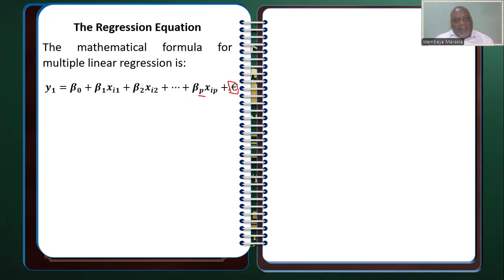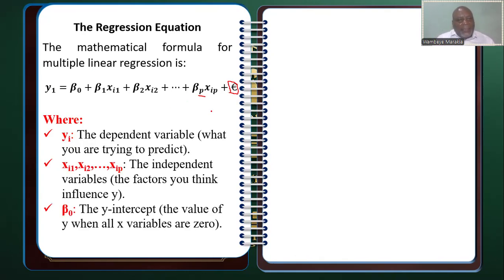Whenever you are calculating the multiple linear regression, the independent variables you are entering in your equation might carry an error, and this error is expressed at the end of the equation, as you are seeing here.